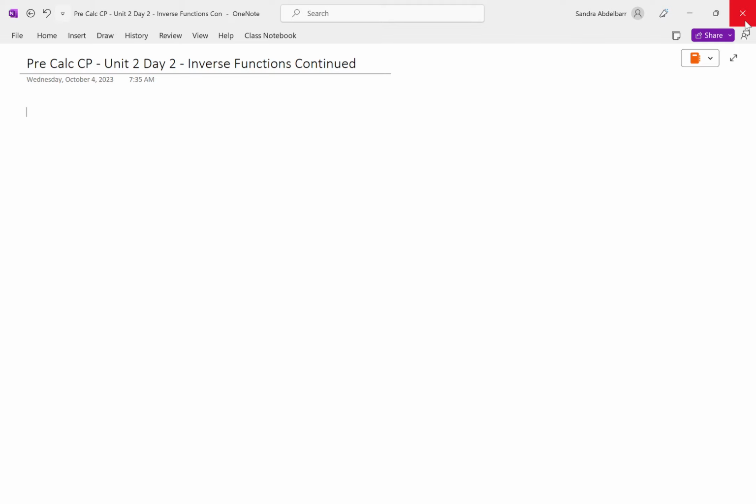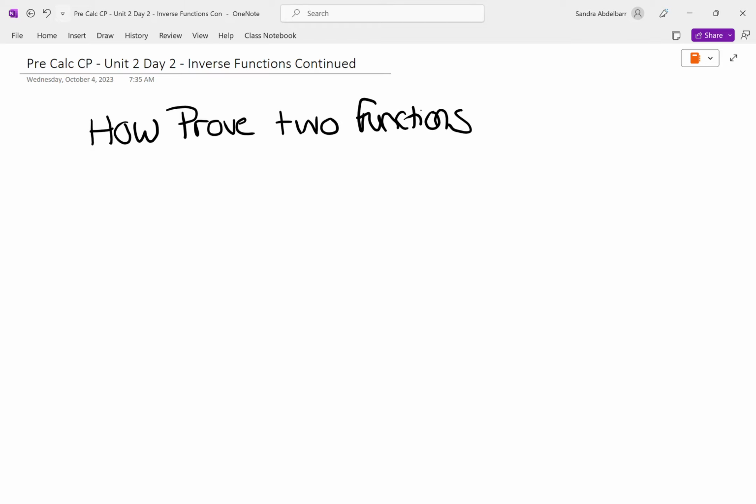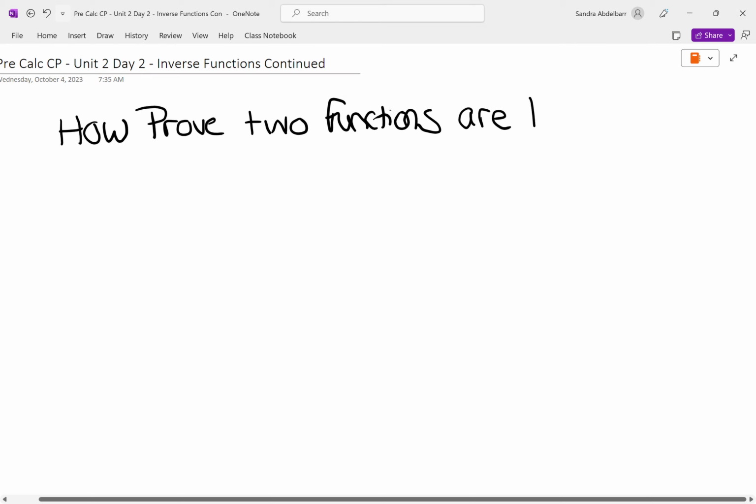Okay. So we're starting off today with how to prove two functions are inverses.